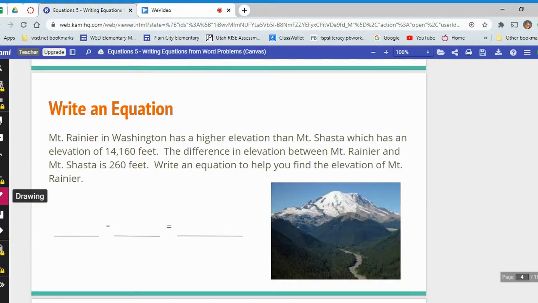Think of a story. So it says Mount Rainier in Washington has a higher elevation than Mount Shasta. So I'm going to draw two mountains. Mount Rainier is higher than Mount Shasta. And it tells us right here, Mount Shasta has an elevation of 14,160. So I'm going to put that here.